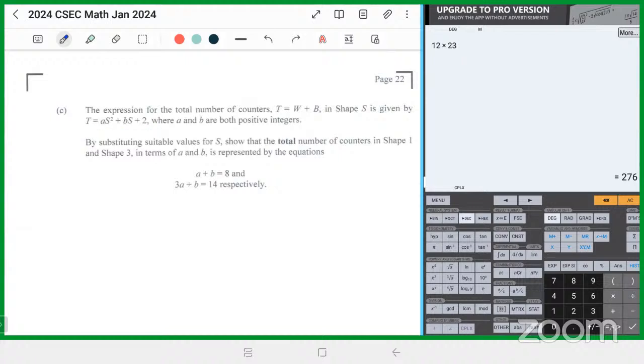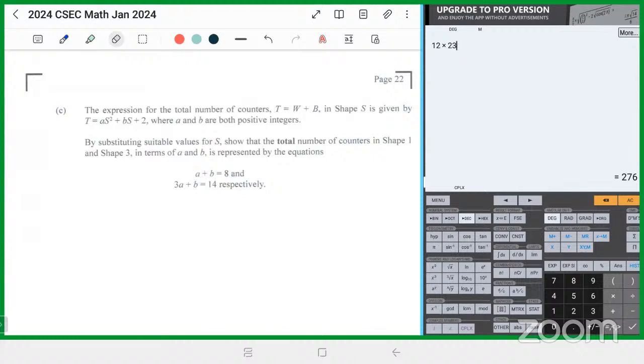And they said by substituting suitable values for S, show that the total number of counters in shape 1 and shape 3 will be equal to these two respectively. So this is the one for shape 1 using this formula, and this is the one for shape 3. So let's do shape 1 first.